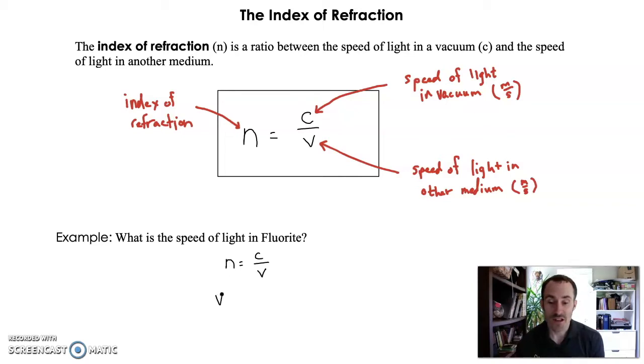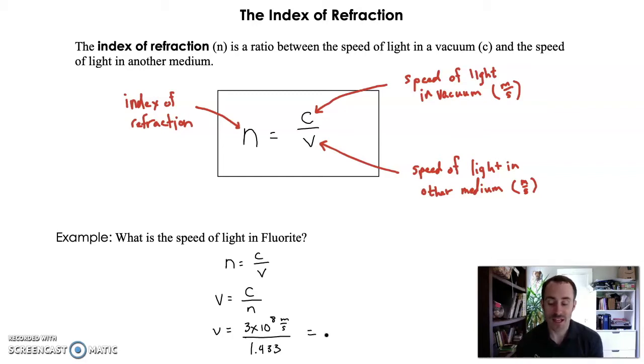So v is equal to c over n. v is equal to 3 times 10 to the 8 meters per second divided by the index of refraction, which is 1.433.